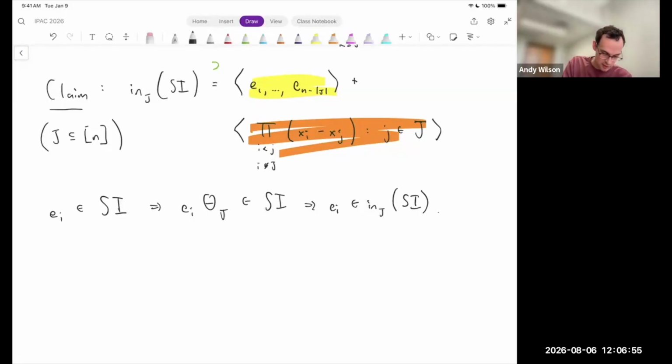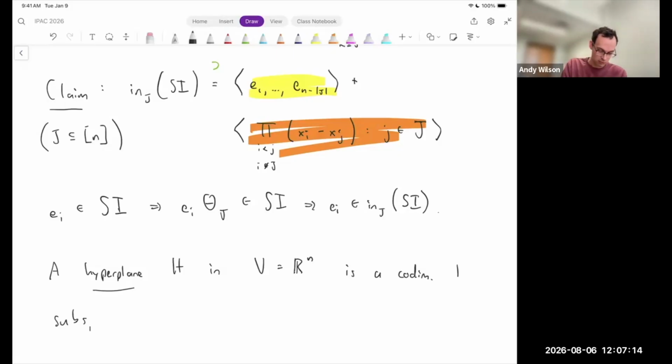So a hyperplane, let me set some terminology. A hyperplane H in R^n is a codimension 1 subspace of the vector space. I'm just going to use linear hyperplanes, not affine ones.